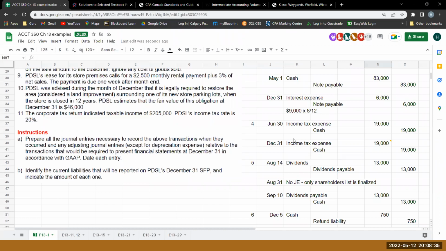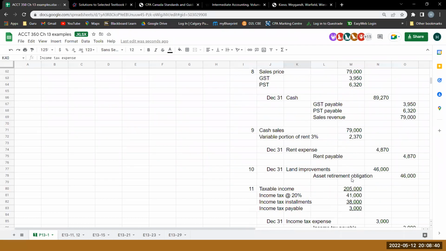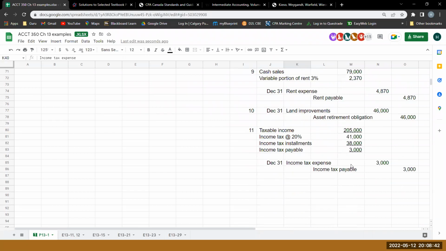So theoretically you could have debited a prepaid income tax account, and then at the end of the year, you would debit income tax expense for the entire 41,000, credit prepaid income tax 38,000, and then credit income tax payable. Since it's for the current year, it's best to just expense it as you go. But I don't see any accounting reason for why you can't.